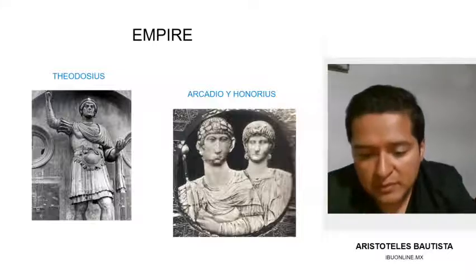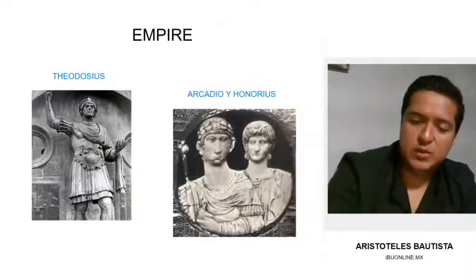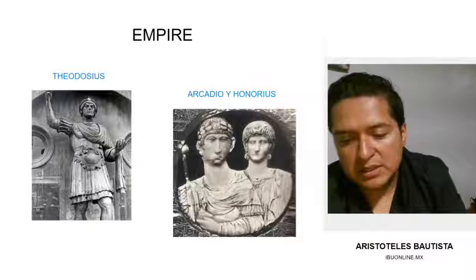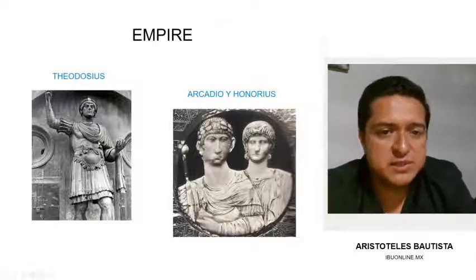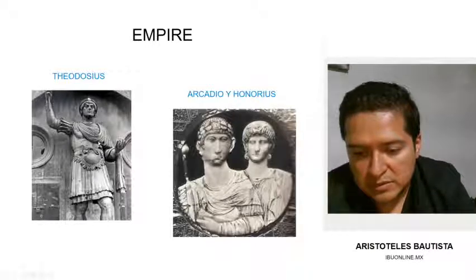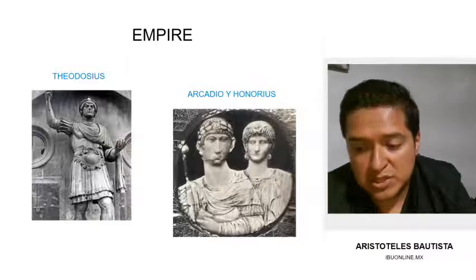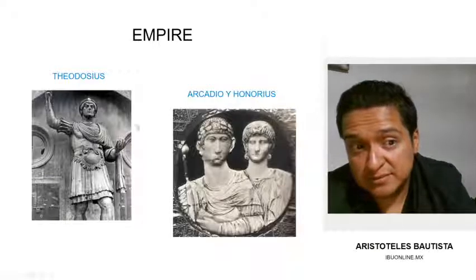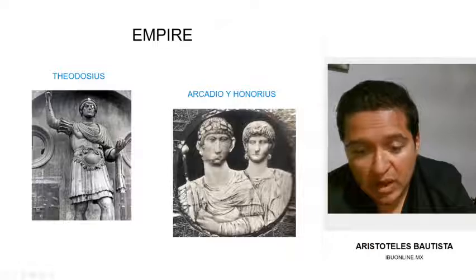So, what happened next? Theodosius the First made the Catholic religion the official religion of the empire.